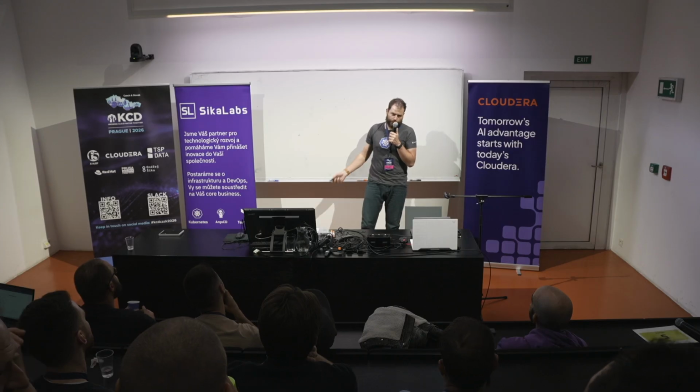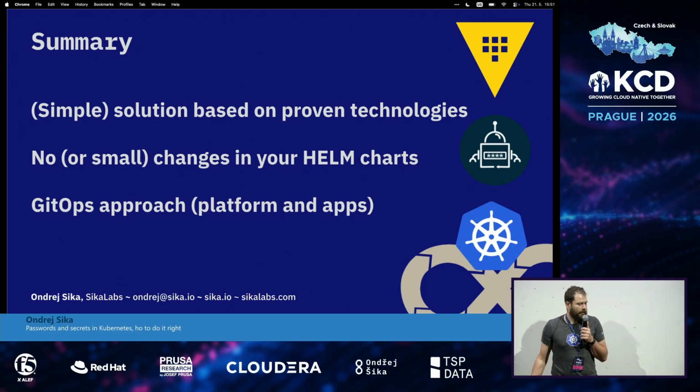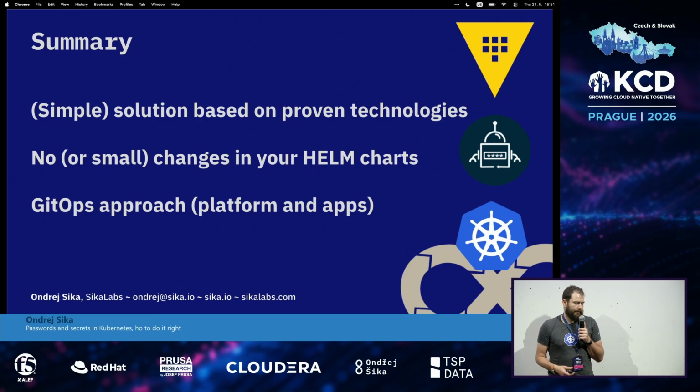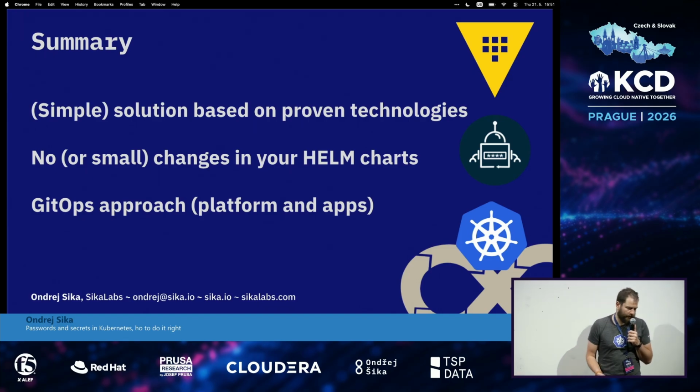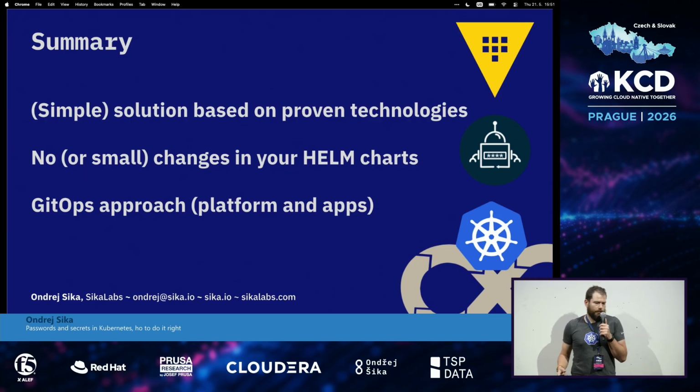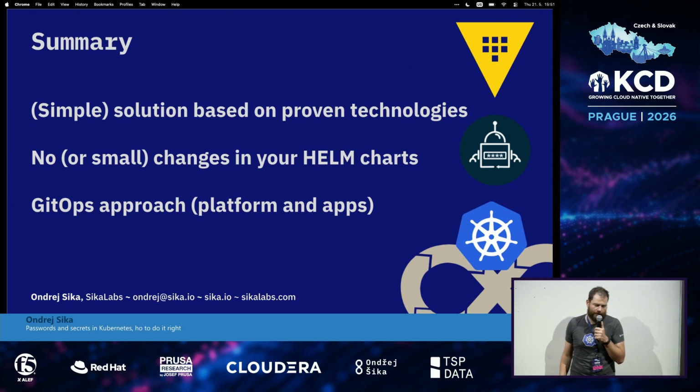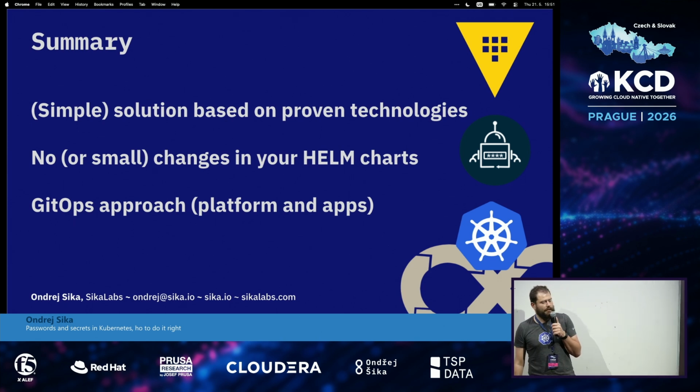We can use HashiCorp Vault, we can use OpenBao, and many other things. You can use your applications, your Helm charts with no or little changes. If you have hard-coded secrets, even in those deployments, you will just, for example, use the environment from and mount the secrets from some secret, and that secret will be provided by external secret in this case.